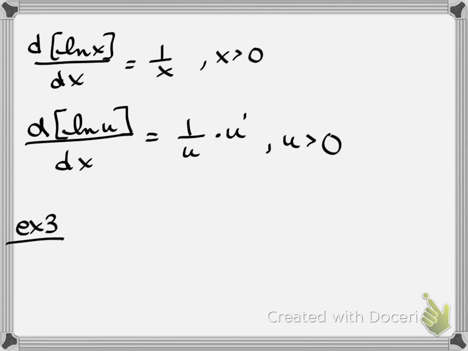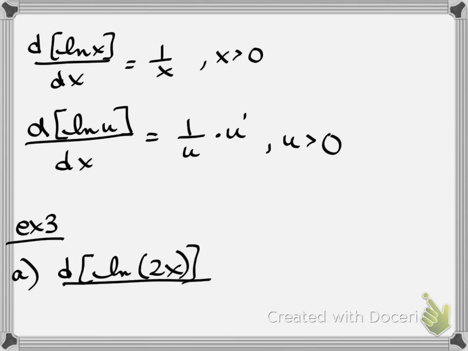Example 3, A part. What is the derivative of the ln of 2x with respect to x? Well, that fits the second property, the ln of u. The only time you're going to get to use this first property is when it is just x, and that doesn't happen very often.